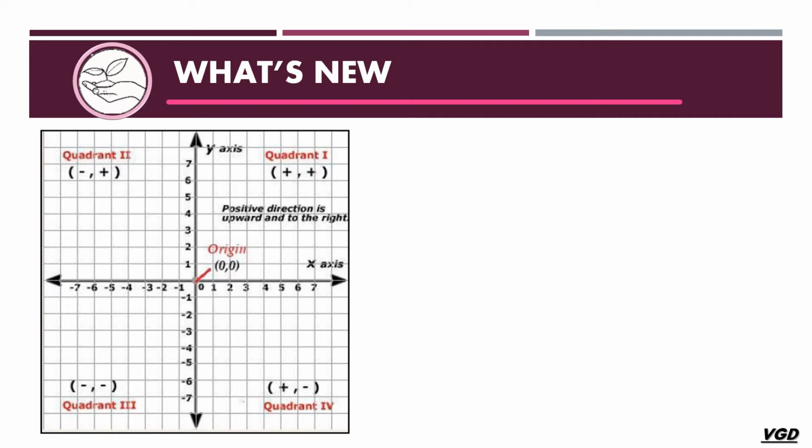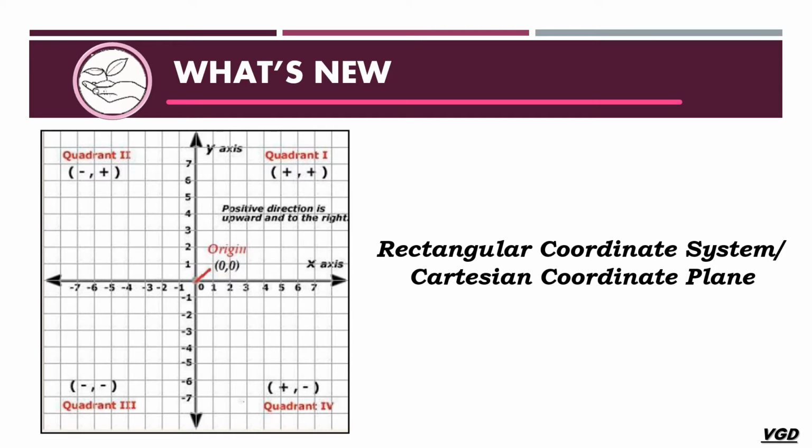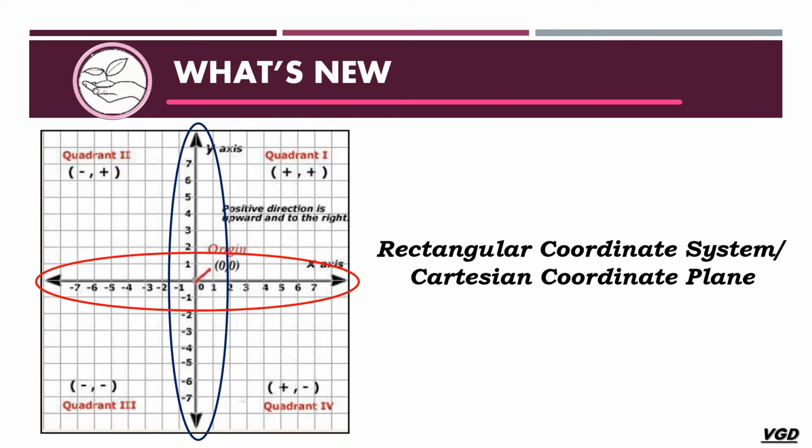What's new? Look at the grid at the left side here. So this is the rectangular coordinate system, or what we also call the Cartesian coordinate plane. It is formed by two number lines that intersect at right angles, the horizontal and the vertical number lines.